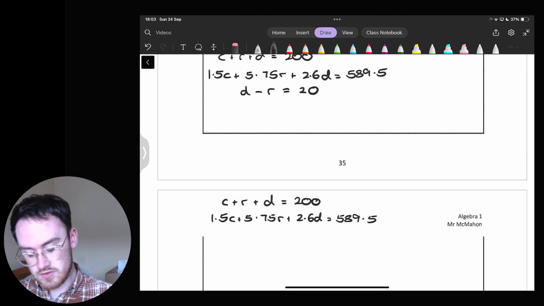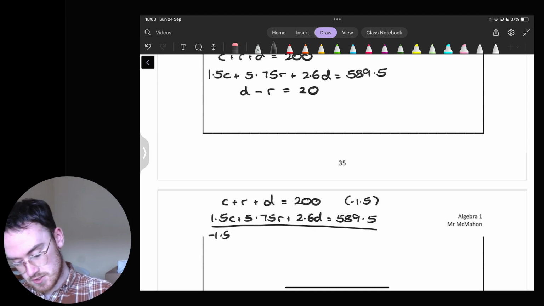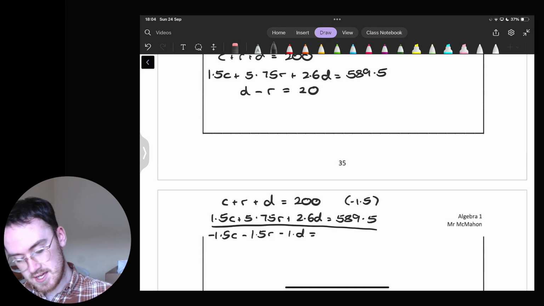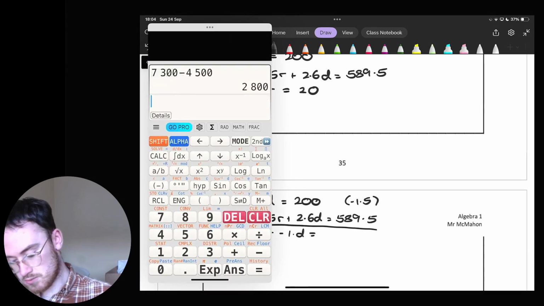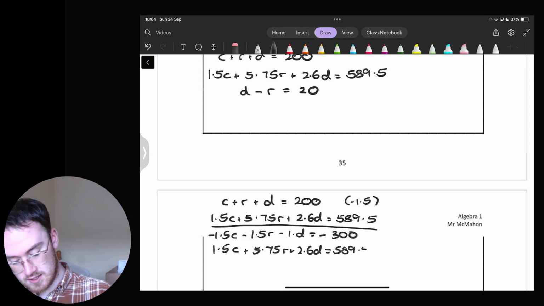Let's pick one of our letters. We're going to have to get rid of c, because c doesn't appear in the last equation there. So let's go with that. Minus 1.5r minus 1.5d equals, let's see, 200 by 1.5 is 300. So minus 300. 1.5c plus 5.75r plus 2.6d equals 589.50.